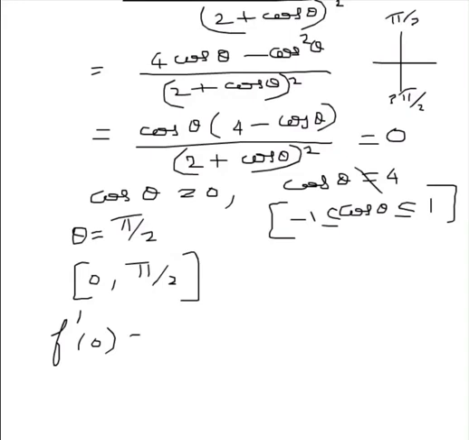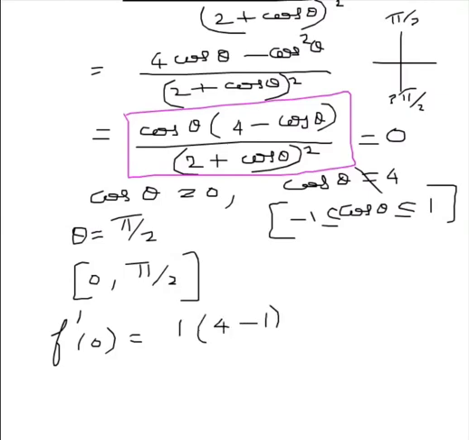So f dash of 0, where I am going to substitute here in this step. In f dash I have to substitute cos 0 is 1, 4 minus cos 0 is 1, and denominator is positive. I need not even check, so it is positive.